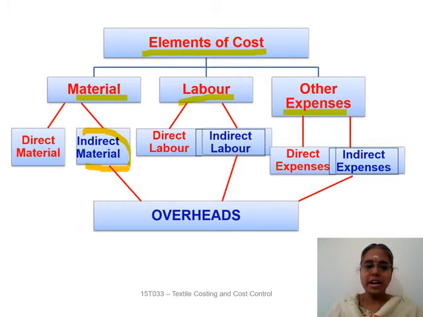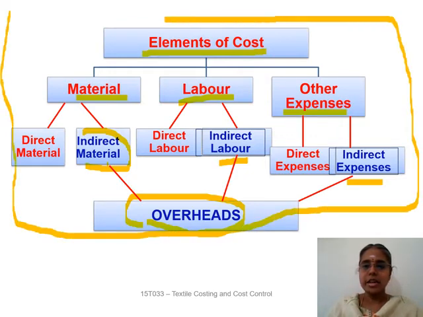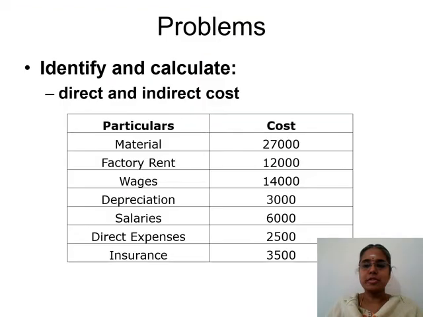In material, you have direct and indirect material; in labor, direct and indirect labor; and in other expenses, direct and indirect. So all are elements of cost. In this, indirect material, indirect labor, and indirect expenses alone are termed overheads. So when the question is asked to give the elements of cost, you have to put this table and explain. This is the basic and important classification, the elements or nature of cost.